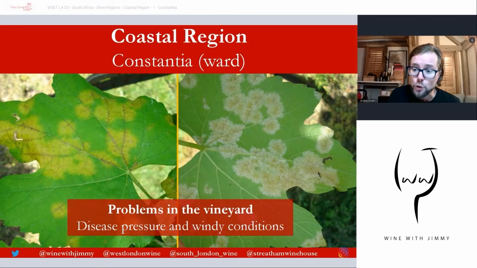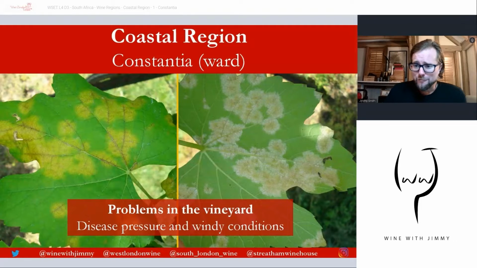There is a notable absence here of Pinot Noir. It's a cooler location, but the very windy conditions mean that Pinot Noir really does struggle here quite significantly. The windy conditions can often cause arrested transpiration, where the vine shuts down, leading to the wines not ripening as well and heightened levels of acidity.